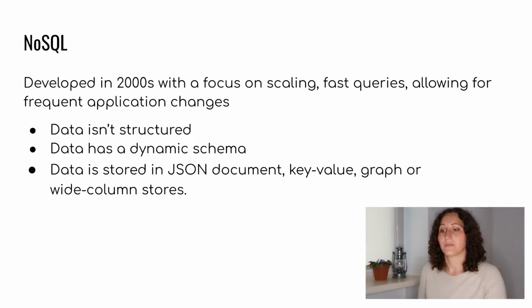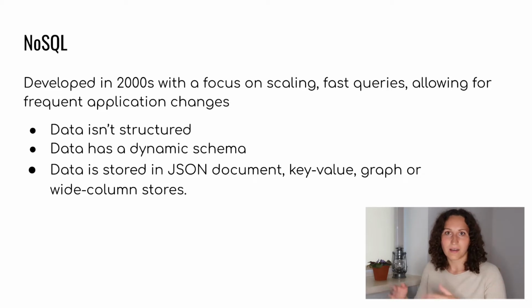NoSQL databases were developed at the beginning of the 21st century, and they were focused on scaling, fast queries, and allowing frequent application changes. So what does it mean? That means that data stored in a NoSQL database is usually not structured. So the schema is pretty dynamic. You can start working on your application, and later realize that you need to add some fields or change something.